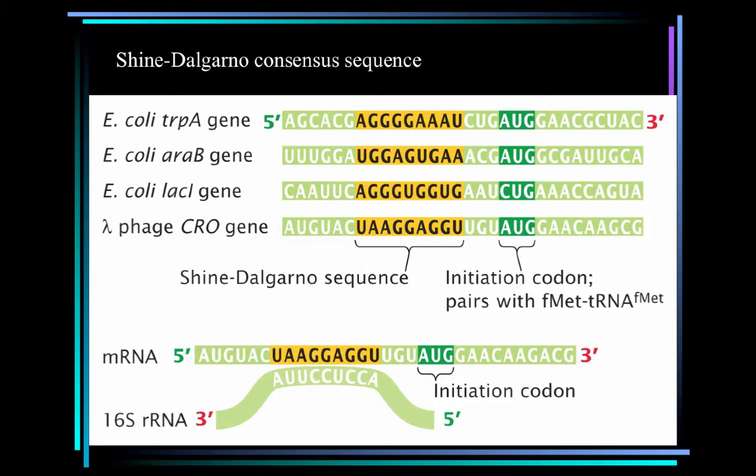As we are trying to synthesize and fix translation processes, it's important to keep in mind the Shine-Dalgarno consensus sequence because this is going to be required for attachment of the small ribosomal subunit. We can see that Arabidopsis in the B gene has a much different sequence than the lactic acid gene in E. coli. And so that consensus sequence has to be very specific for translation to take place.